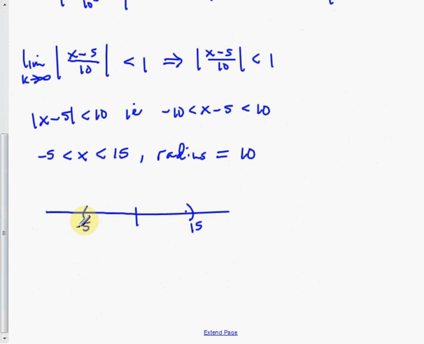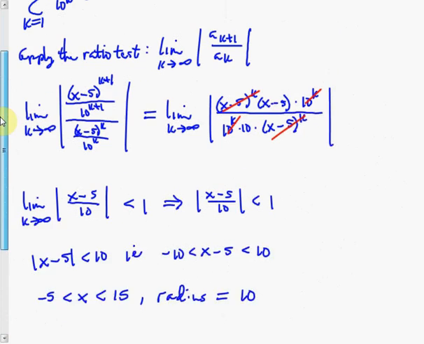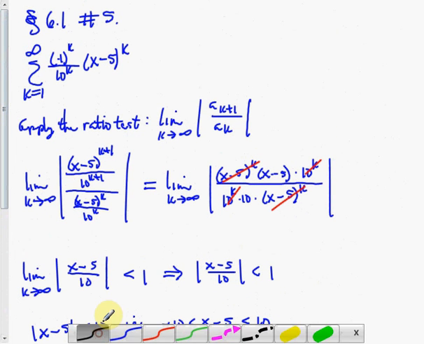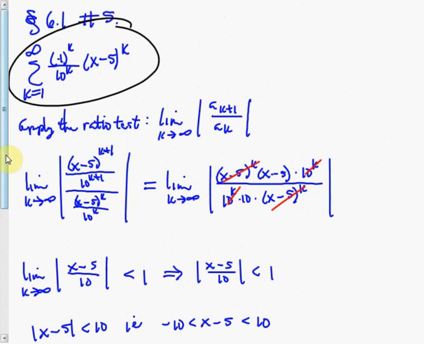This is negative 5. All right. So you want to check x equal negative 5 into this guy right here.